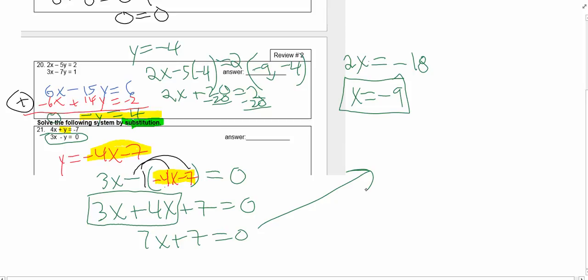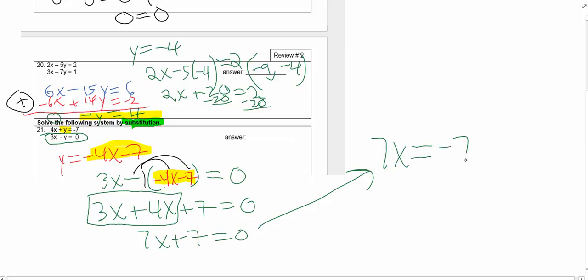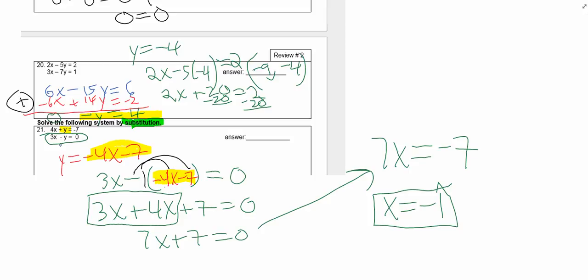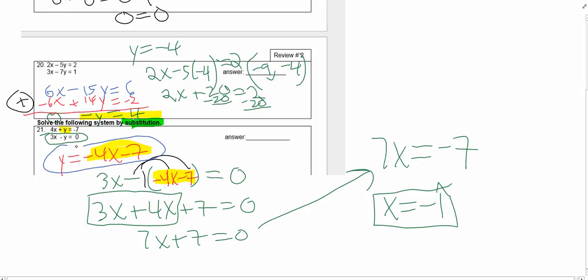If we subtract 7, let's get rid of that so we don't get confused. We have 7x equals a negative 7. Divide both sides by 7, and you get x equals negative 1. And then let's go back to this equation right here. We already solved this one for y, right? And now that we know what x is equal to, we can simply plug in.